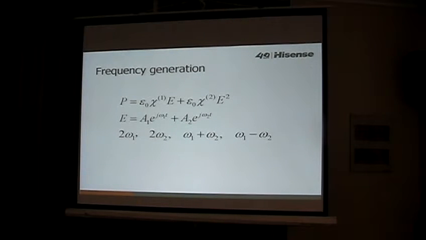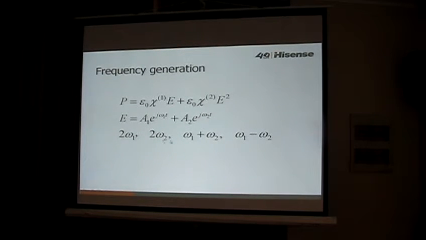Now here we are interested in the second order susceptibility. Once we have a second order susceptibility, if we have an electromagnetic field with two frequency components and put this term in here, then we get new frequency generation.